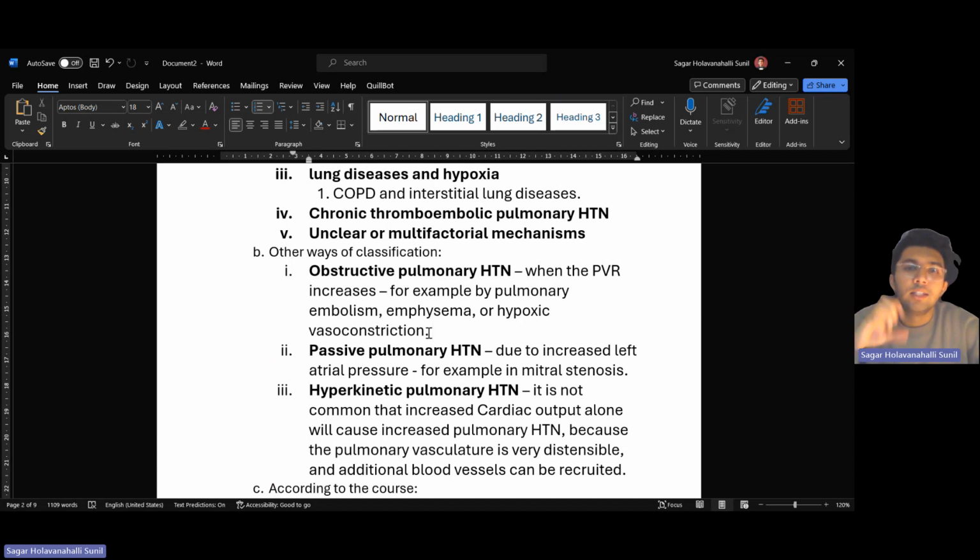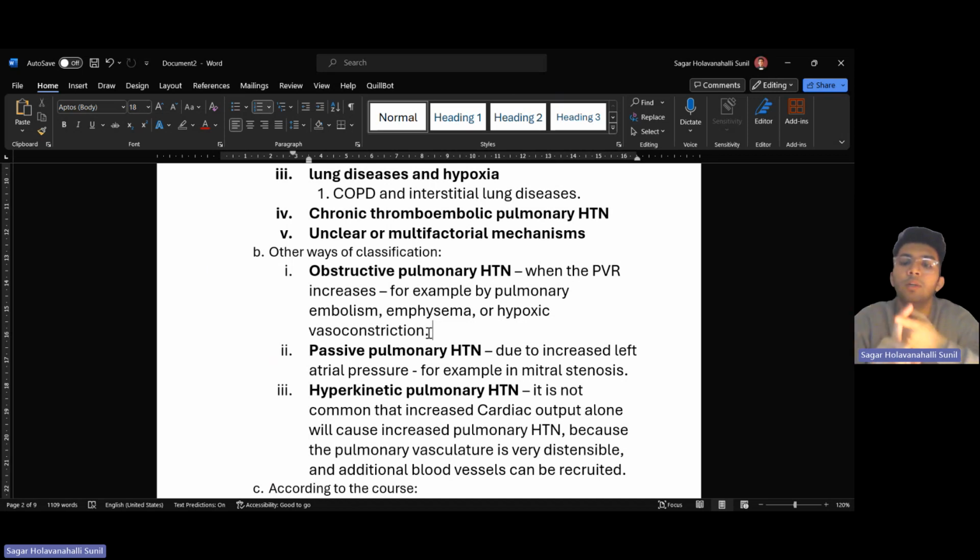So by decreasing the blood supply to those oxygen-deficient areas, you're going to redirect the blood to the oxygen-rich areas of the lungs. In doing so, you're going to increase the hydrostatic pressure within the vasculature supplying the oxygen-rich areas. Plus, because you're also decreasing the cross-sectional area, you're going to have an increase in the pulmonary hypertension.